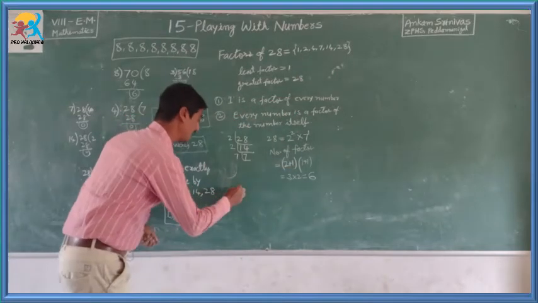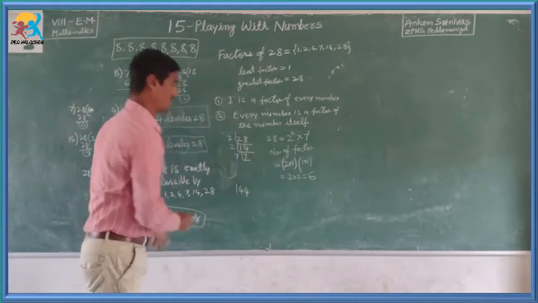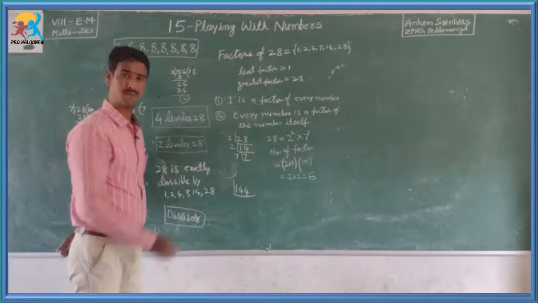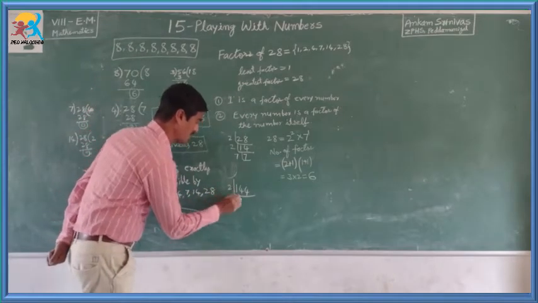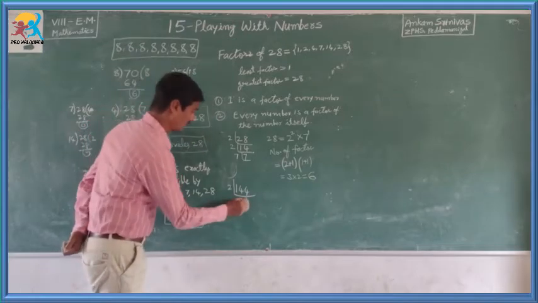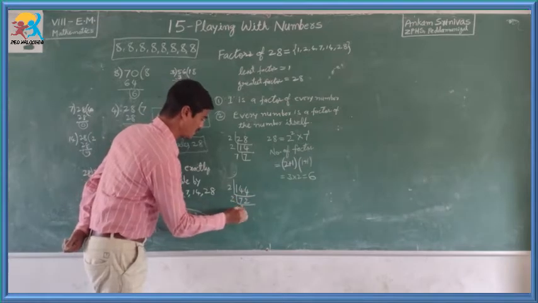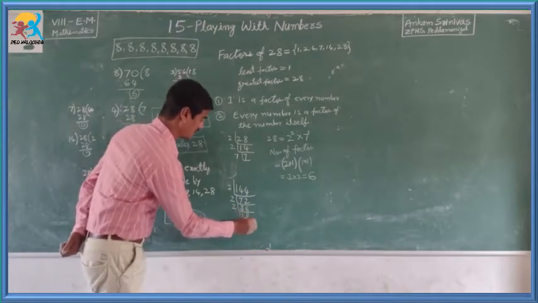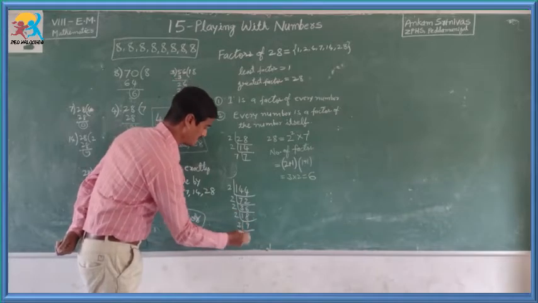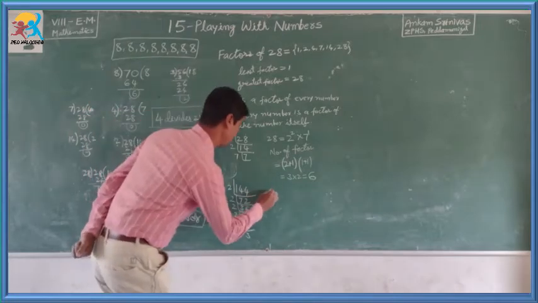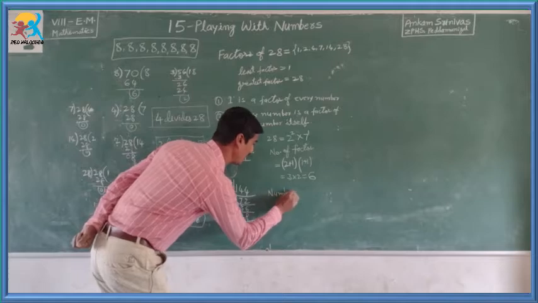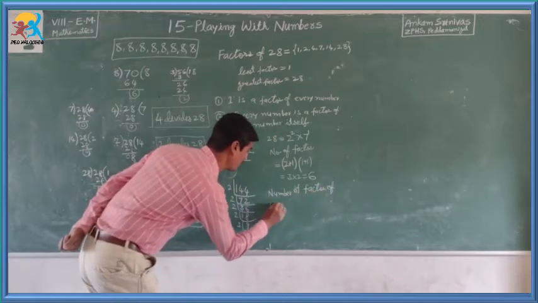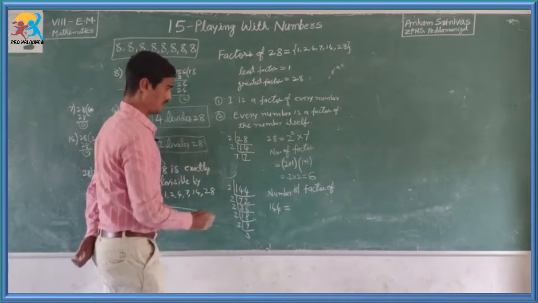Suppose, how many factors has 144? To find the number of factors of 144, write the prime factorization. 2 2s are 4, 2 3s are 6, 12, 2 6s are 12, 2 8s are 16, and 2 9s are 18, 3 3s are 9.